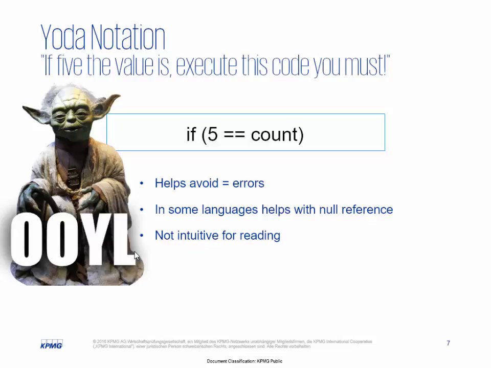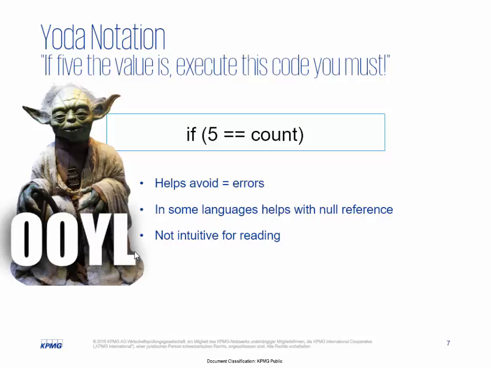And if you reverse this, well, it could avoid some errors, because if the count, for example, could be a null reference, if you have a null reference in the expression that you're trying to evaluate, this could fail.